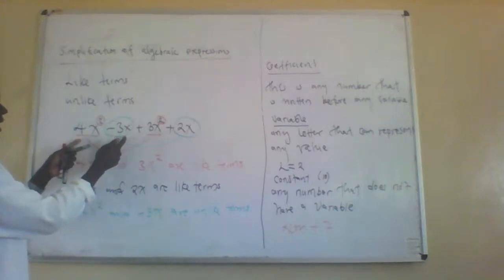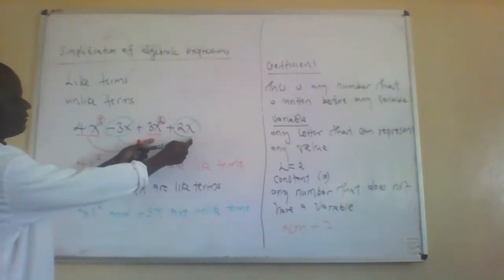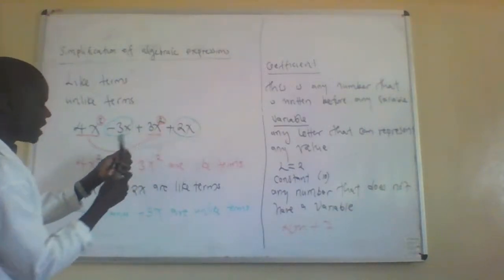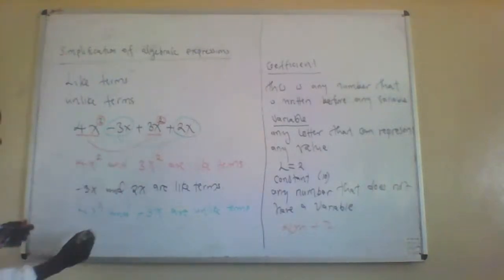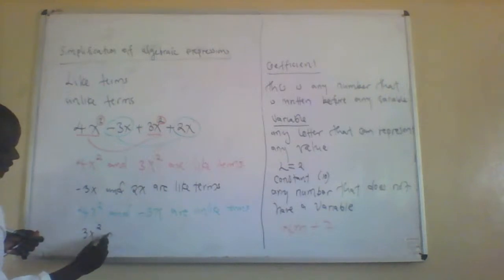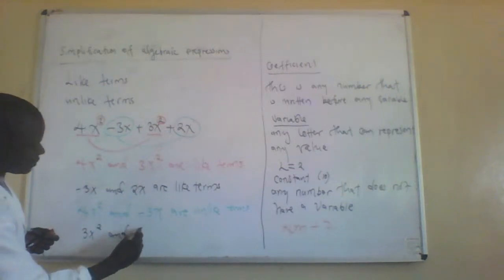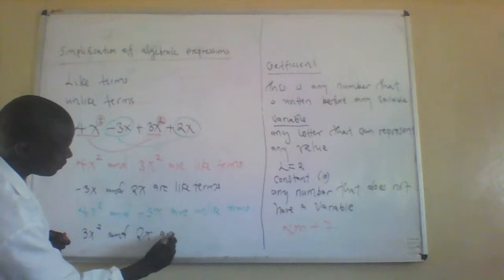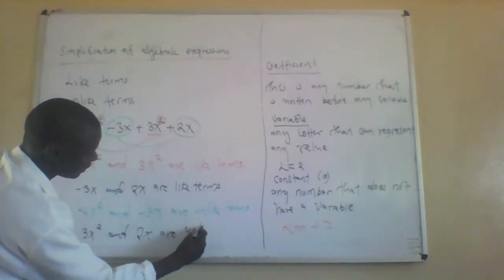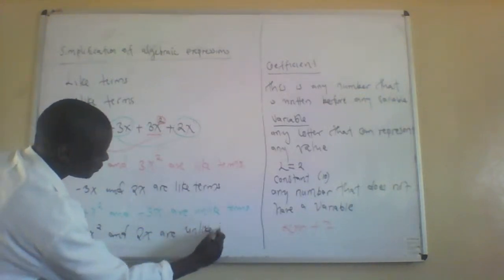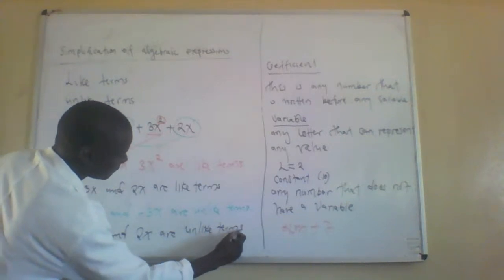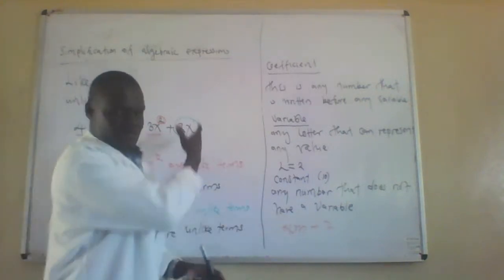These guys are unlike terms. In a similar manner, even these other two terms are also unlike. So the other thing that we can say is that 3x squared and the 2x are also unlike terms. But why is this important?